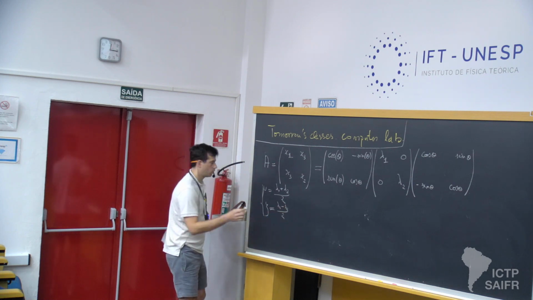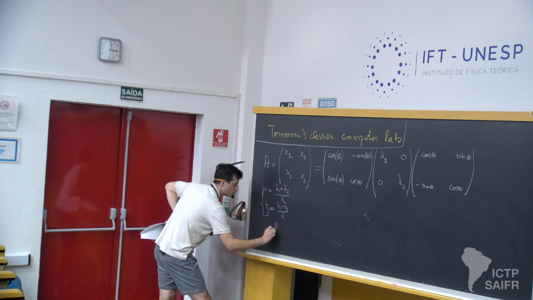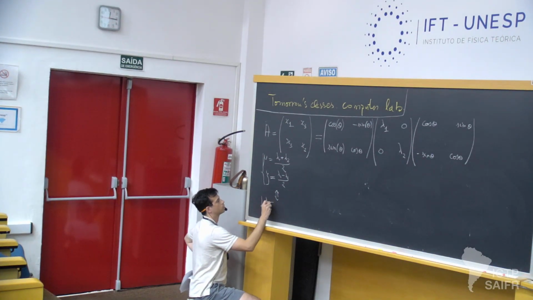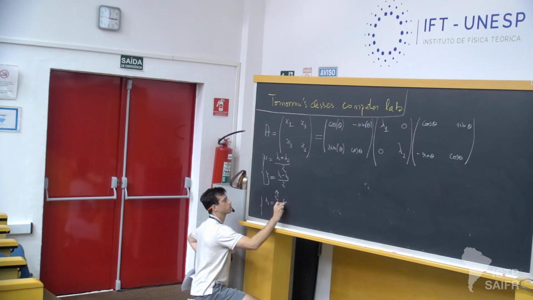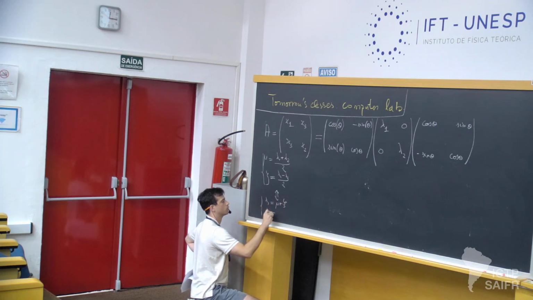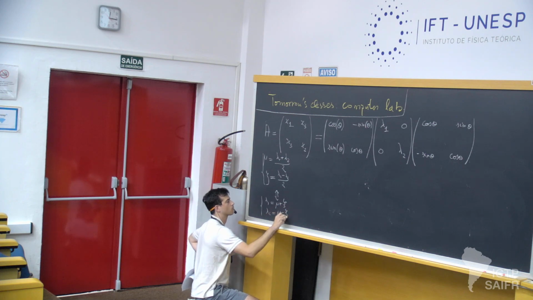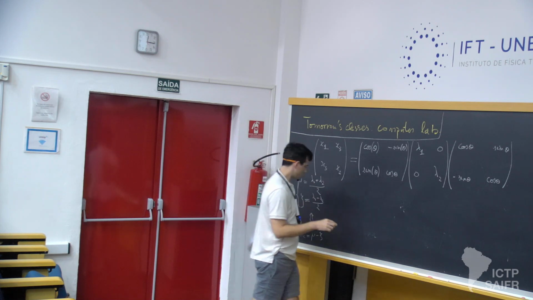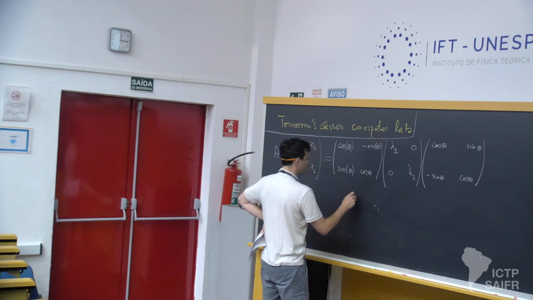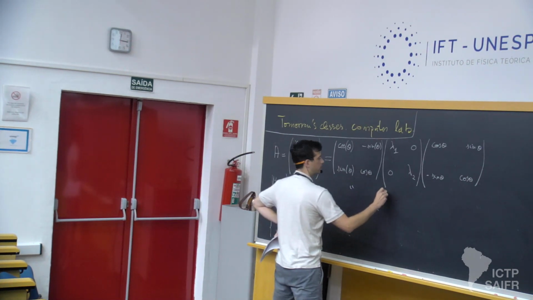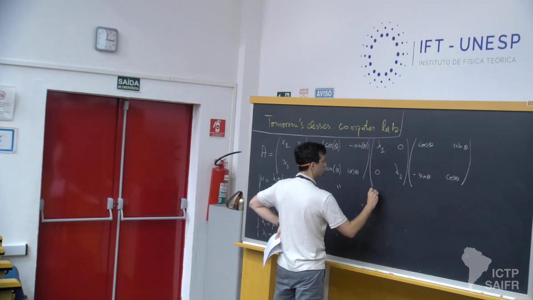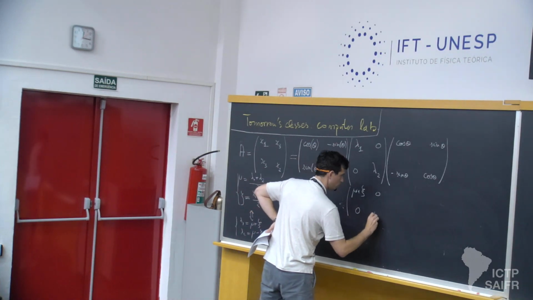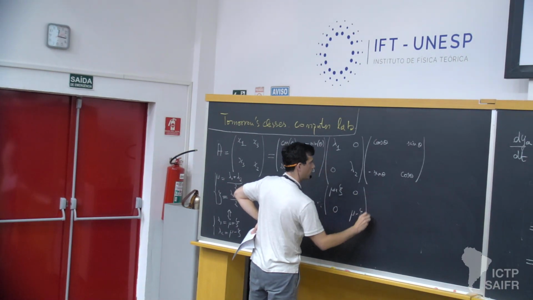So the reverse transformation is that lambda 1 is equal to mu plus psi, and lambda 2 is equal to mu minus psi. If I make this substitution, I have the same matrix, then mu plus psi, 0, 0, mu minus psi, and then the same matrix here.